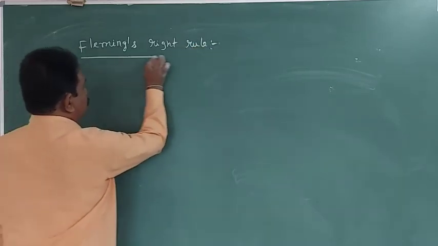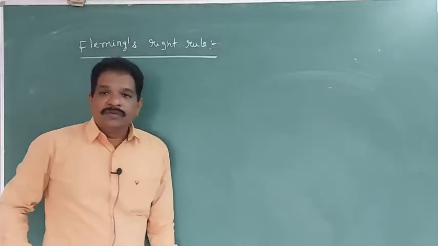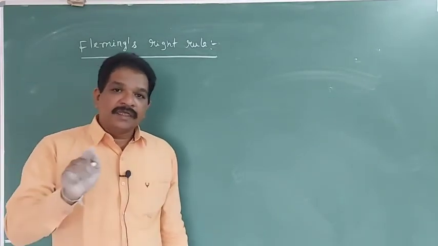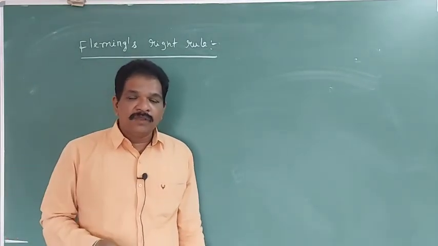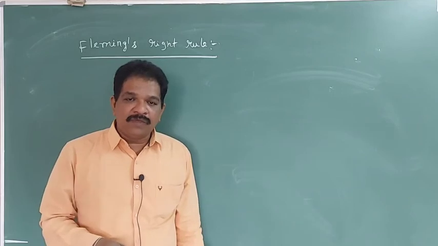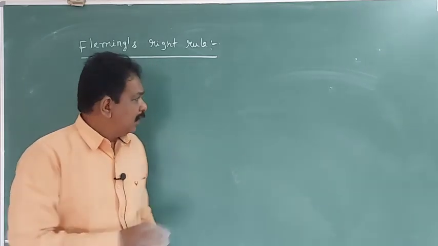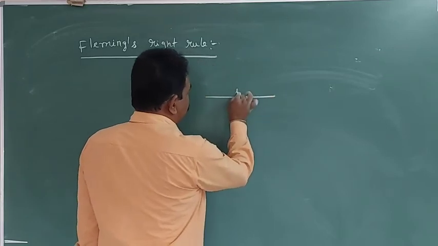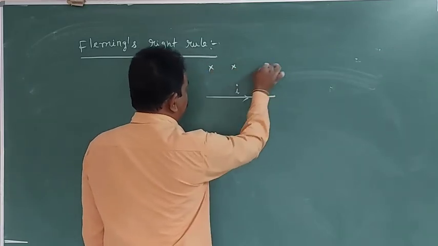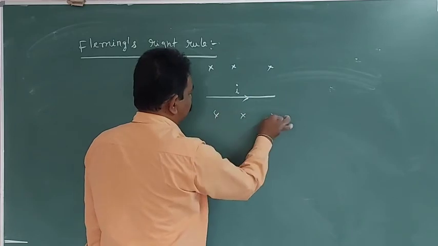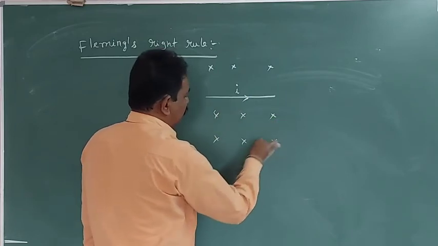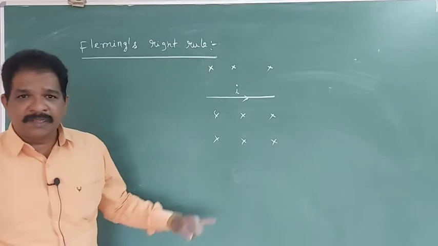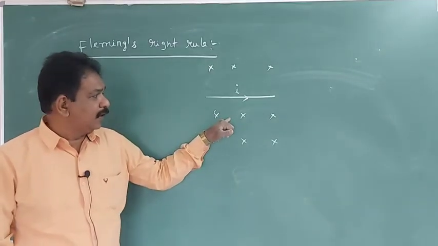Already in moving charges and magnetism, you got Fleming's left hand rule. Fleming's left hand rule we use when a current carrying conductor is placed in a magnetic field.